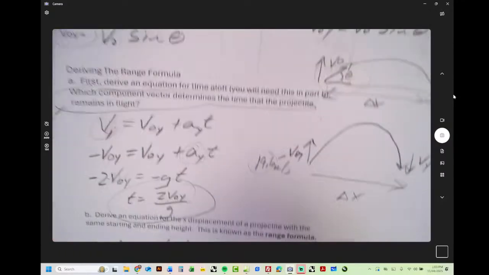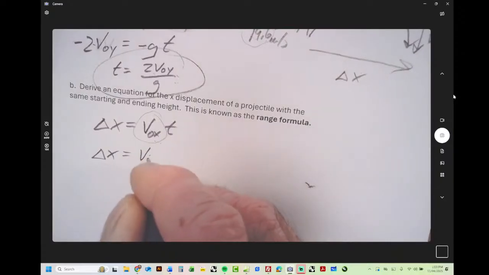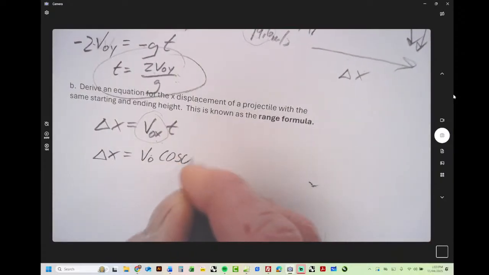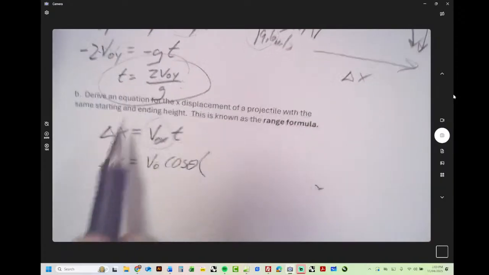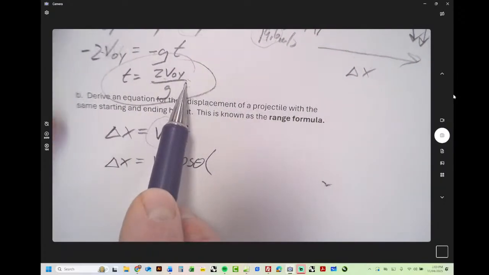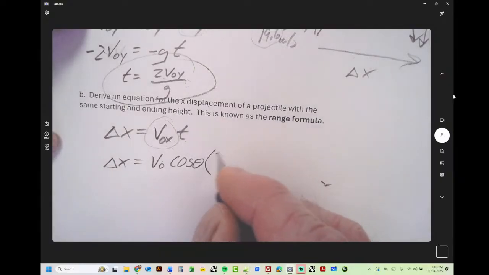That's what we figured out. So v0 times cosine theta. And instead of t for time aloft, we just figured out that the time aloft is 2v0y over g. So I'm going to substitute that, 2v0y over g.